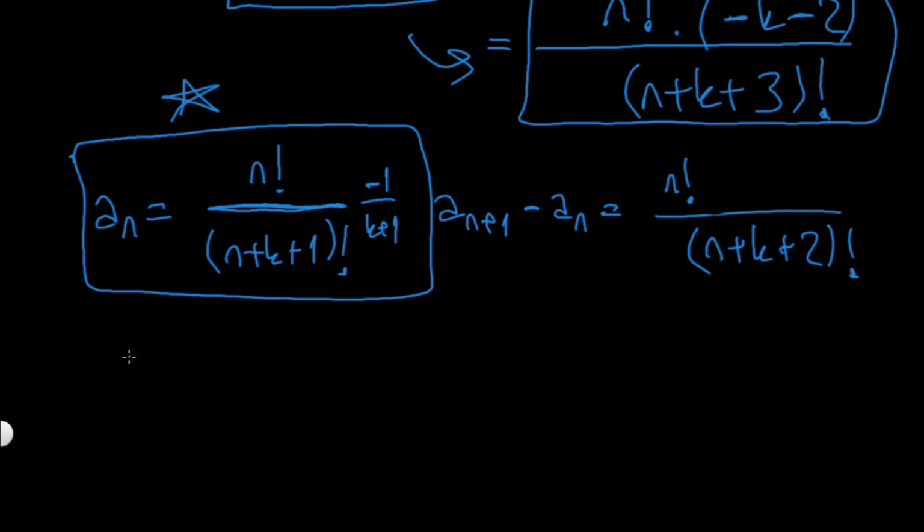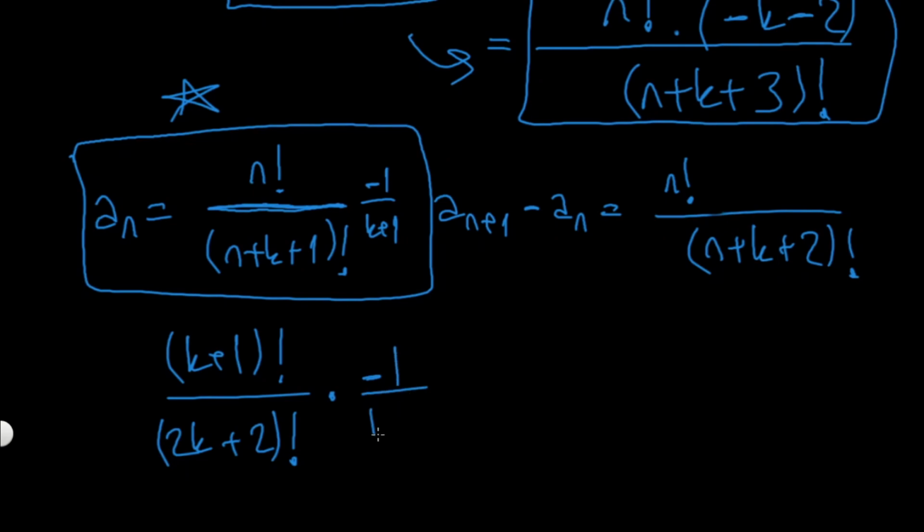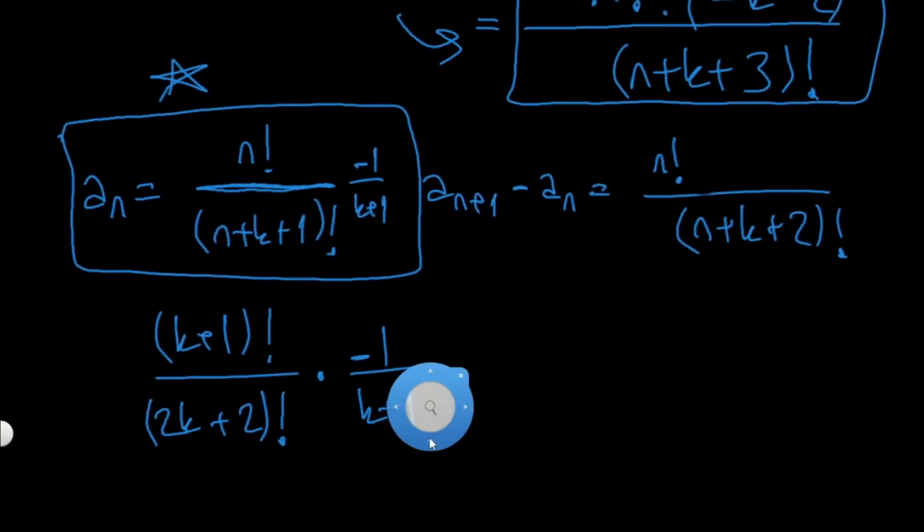So when I put n is equal to k plus 1, I will get (k+1) factorial over (2k+2) factorial. And I also have this thing, minus 1 over k plus 1. So this is for n is equal to k plus 1.